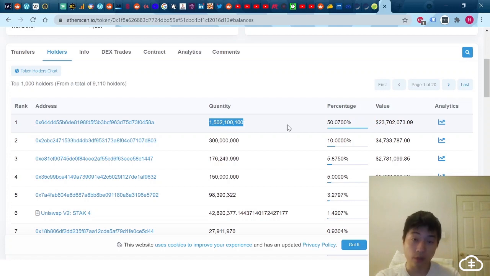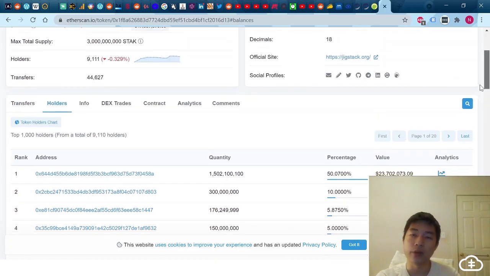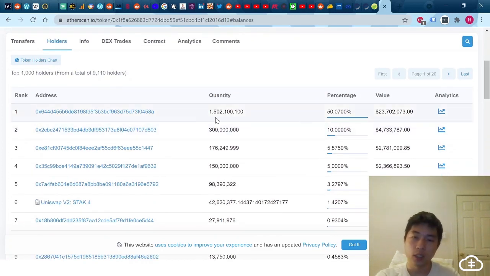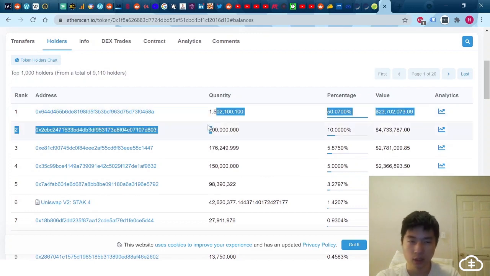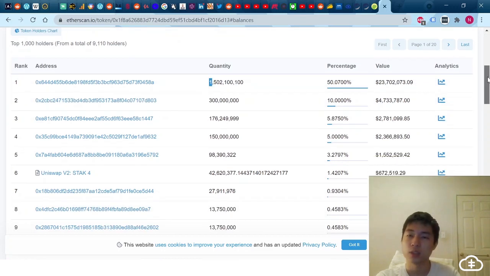If this was a smaller project and they had no explanation for what this token address is, I would be very worried. Why is one person holding all of the tokens right here? But because I know about this project a little bit, I'm going to say this is probably one of the developmental wallets. So this wallet is owned by the team and they use it for developmental purposes, most likely.